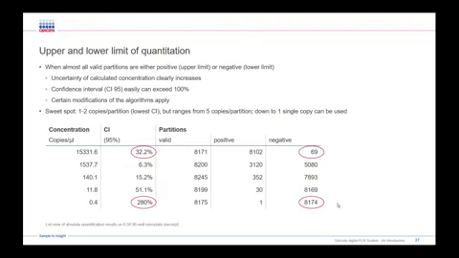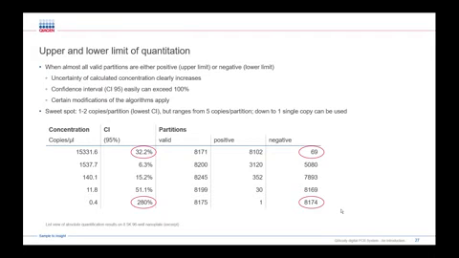With this slide, I would like to briefly discuss two edge cases. When almost all valid partitions are either positive or negative, basically all of them are positive or basically all of them are negative, then the uncertainty of the calculated concentration will clearly increase.